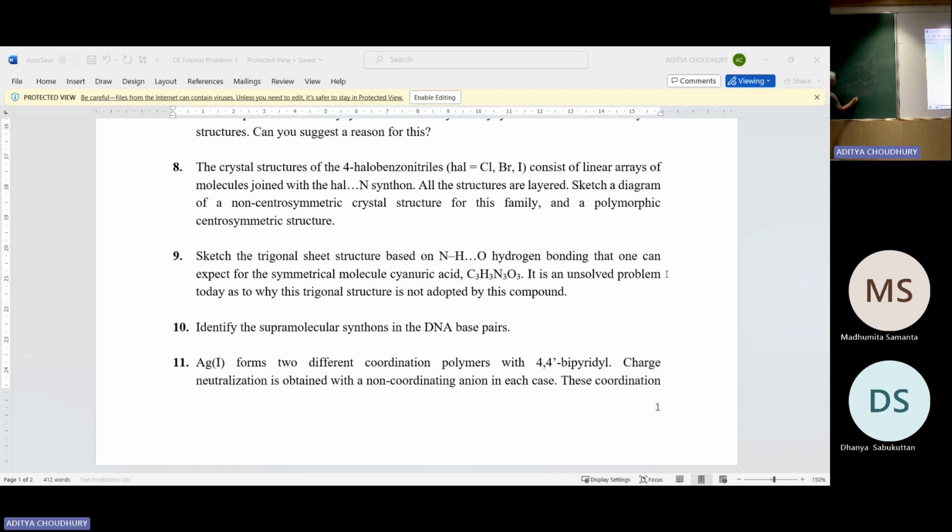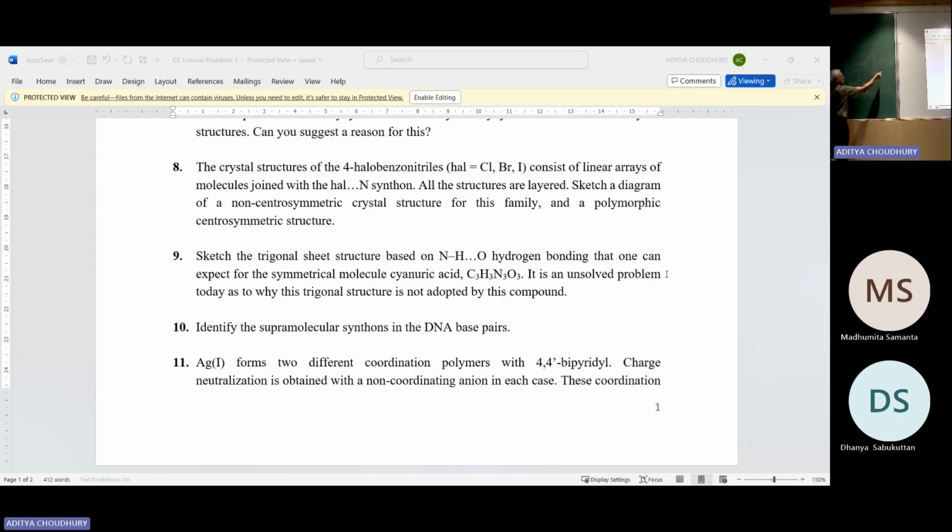It should have O here, and H here. If it is H, it should be N. Then you can draw something like this, okay? So this is a trigonal structure, and this is formed.